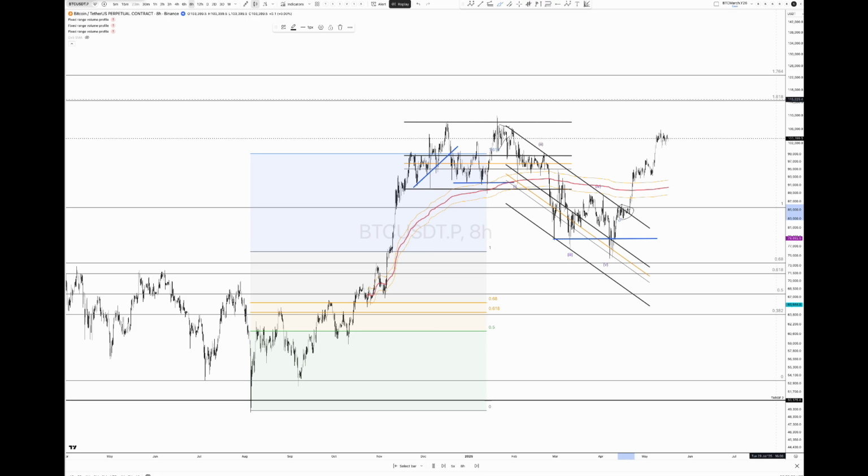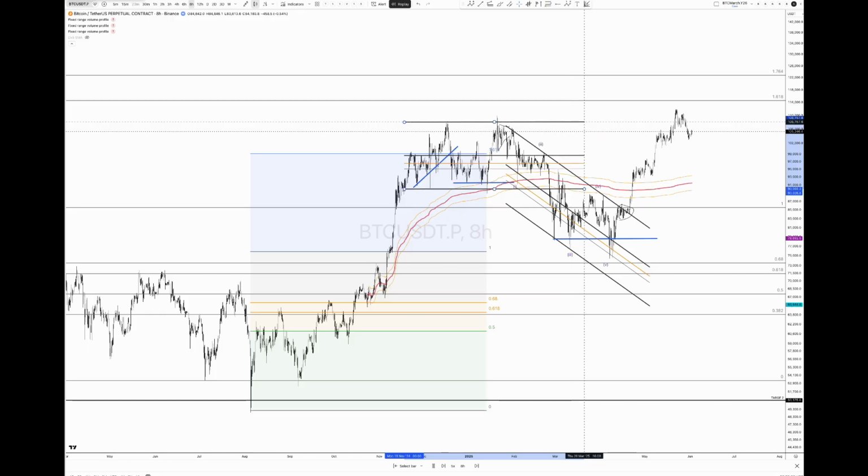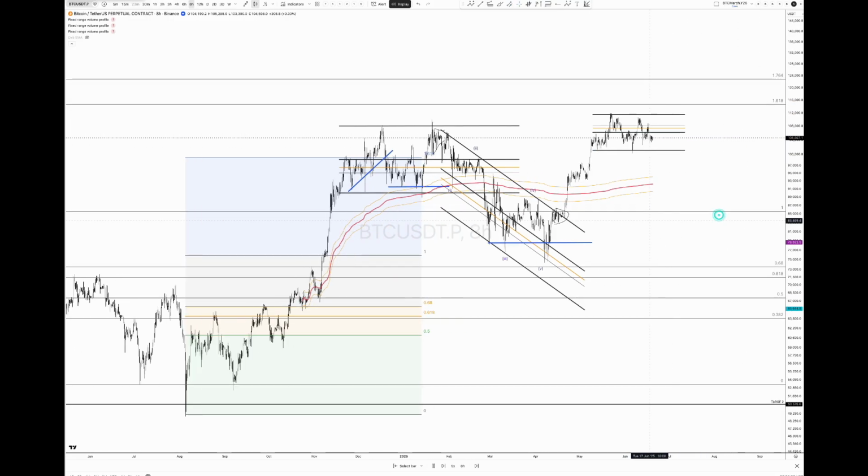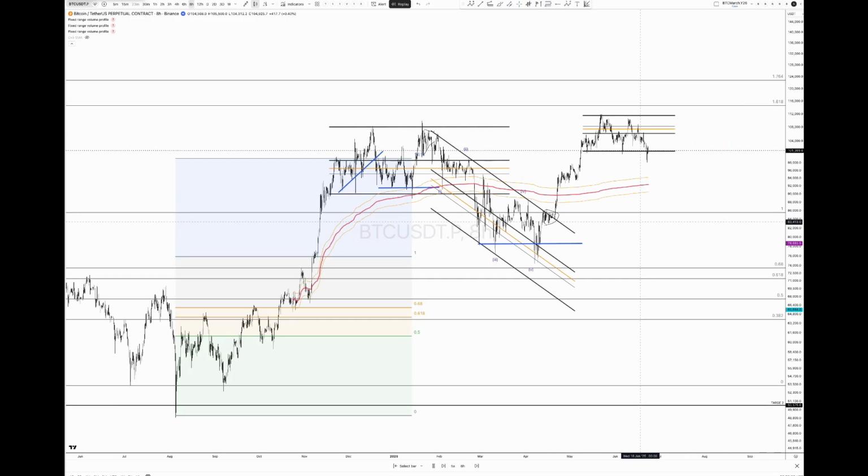Now we've got this 1.618 to there. Now this looks like a consolidation as well, and you trade it accordingly. You can also have this on an angle.